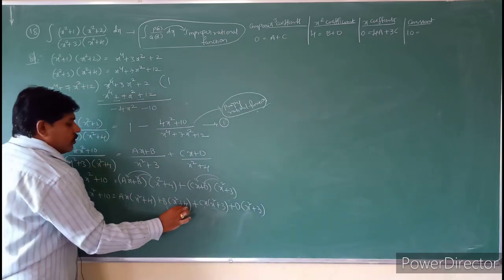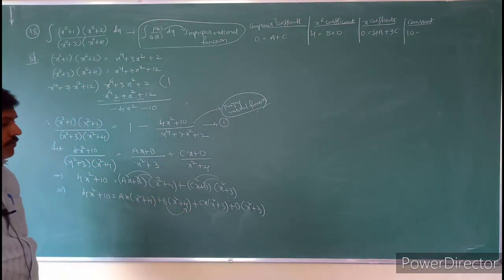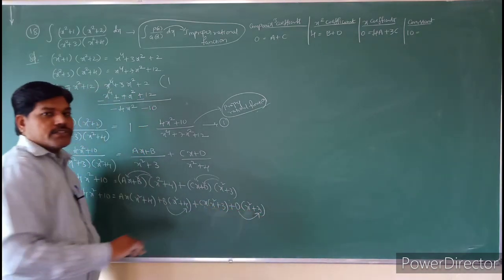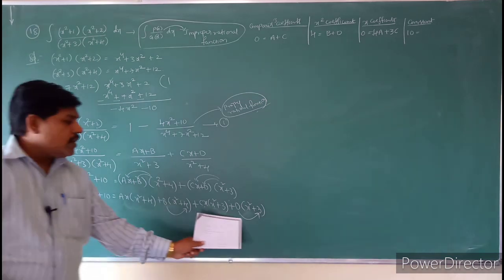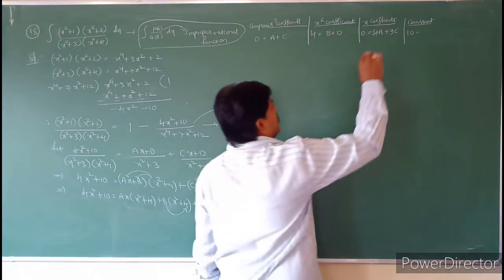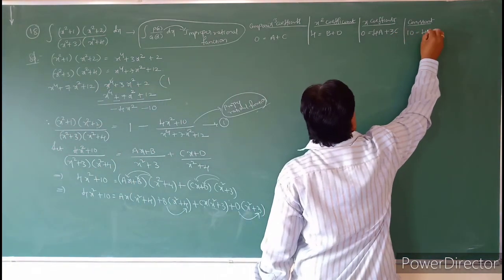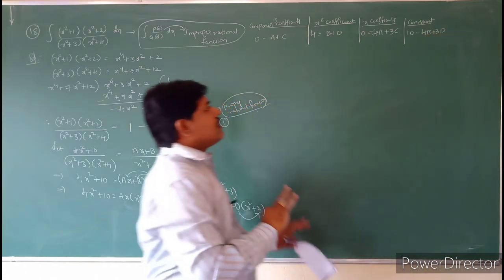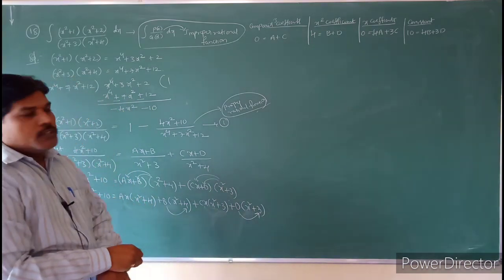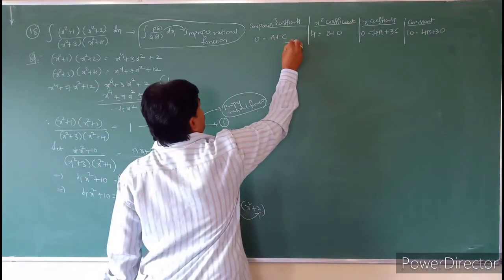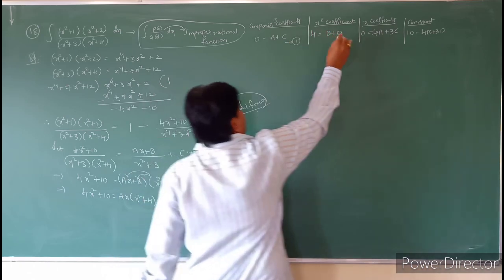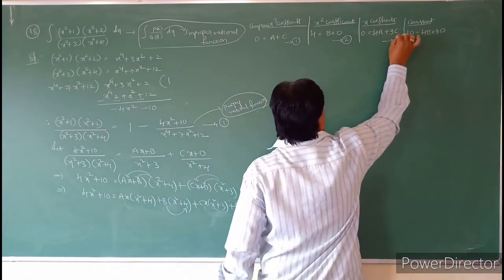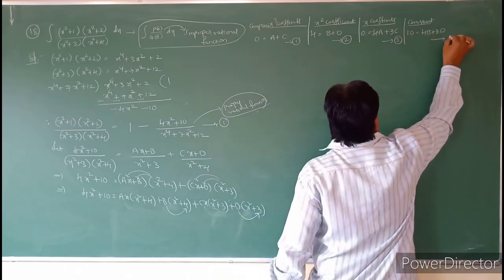See students, d into 4 is 4b, which is a constant, and d into 3 is 3d, it is also a constant. 4b plus 3d is a constant. So these are the terms here. This is equation number 1, this is equation number 2, this is equation number 3, and this is equation number 4.